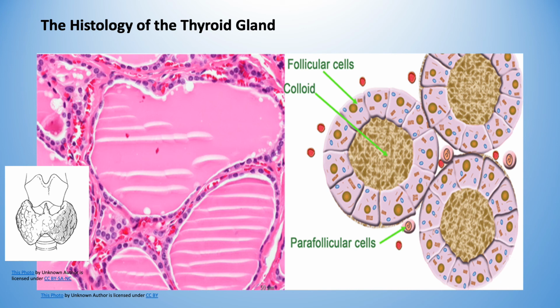The follicular cell shape changes according to the activity of the follicle. If it's more active, it's slightly columnar, and if it is less active or not working, it's either simple squamous or simple cuboidal. And thyroglobulin is stored inside the follicle, which we call colloid.